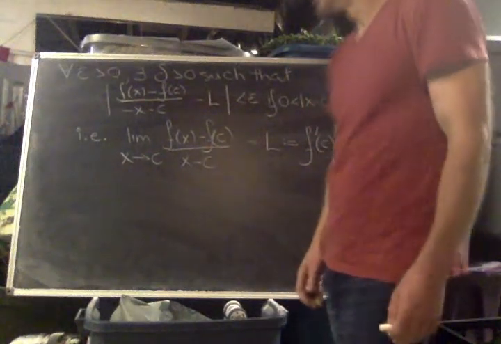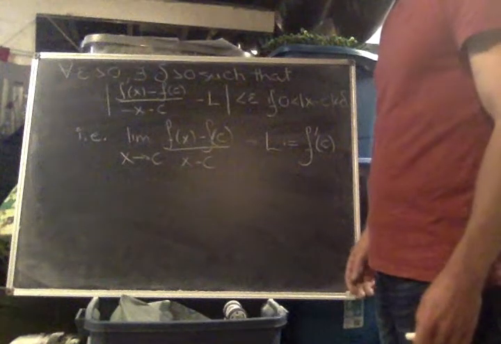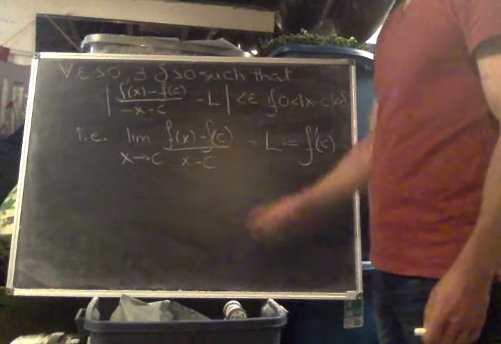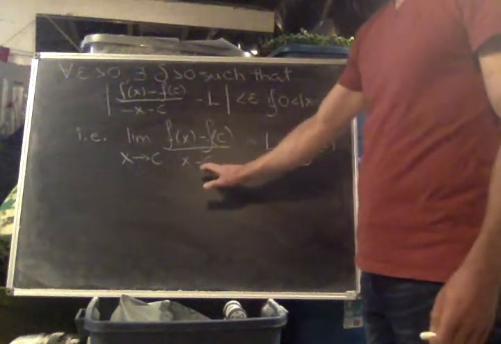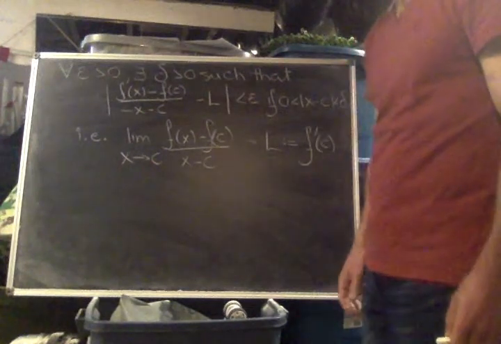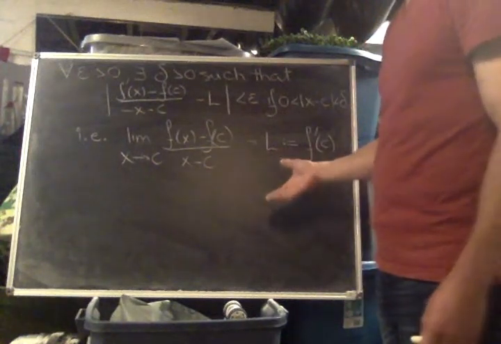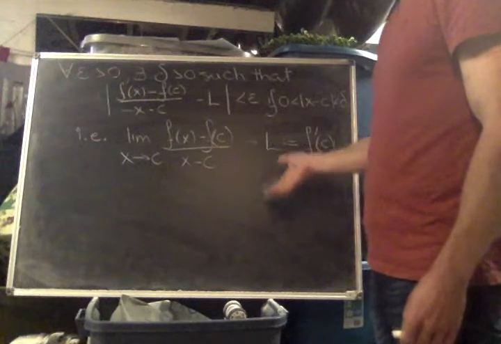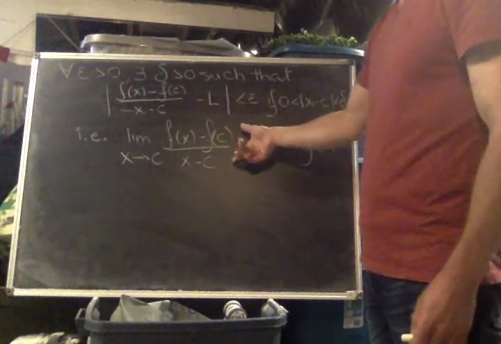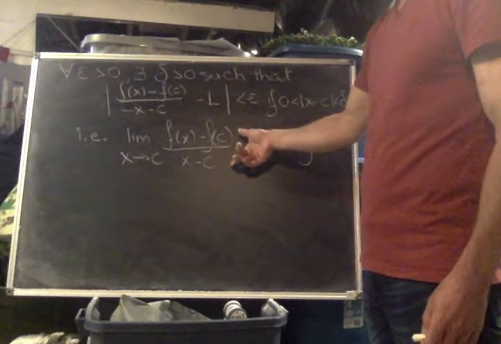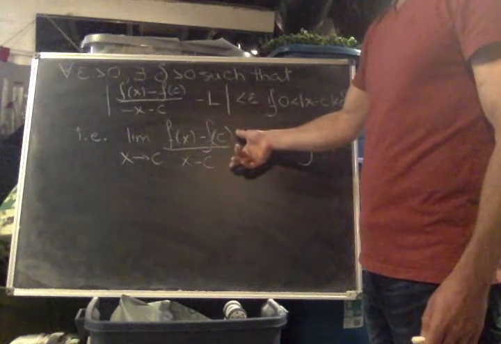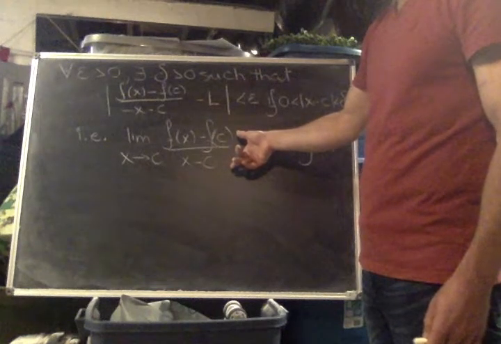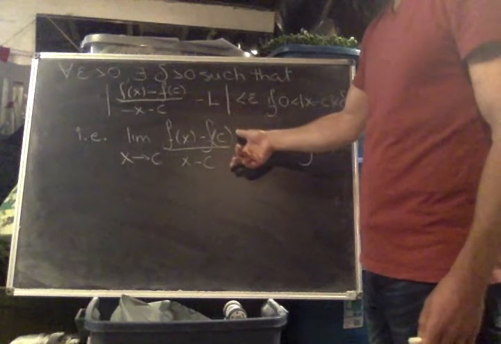Of course, it's equivalent to this definition. This one seems to make a little more explicit the fact that you really are headed towards c. c is the point where all the action is happening. And it also makes explicit the dependence of the derivative on the notion of slope, right? Because every single one of these quotients here, no matter which value of x you pick, is quite clearly a slope.